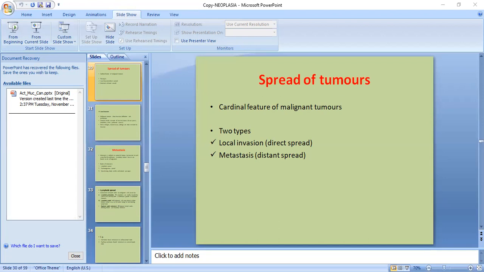Sequential steps involved in tumor invasion or metastasis. 1. Aggressive clonal proliferation and angiogenesis.